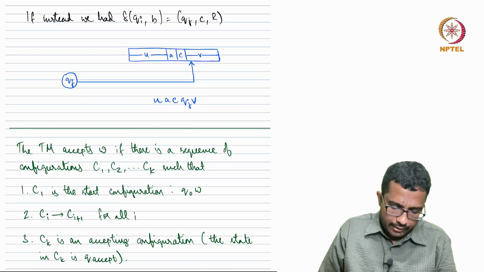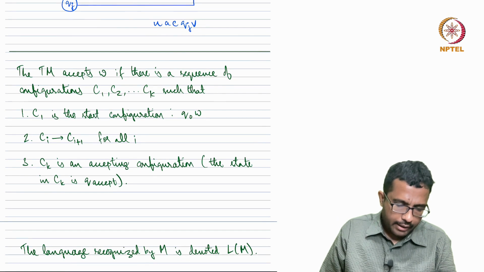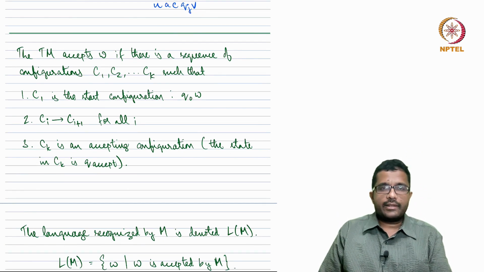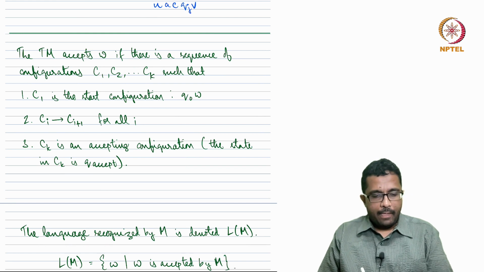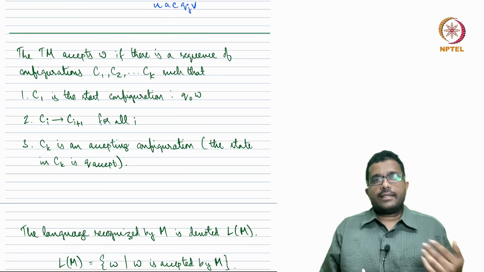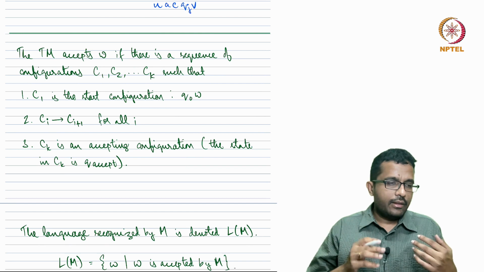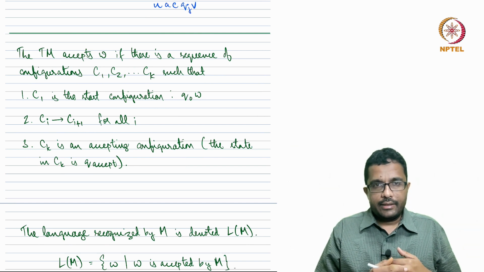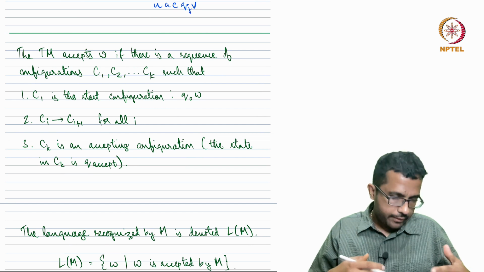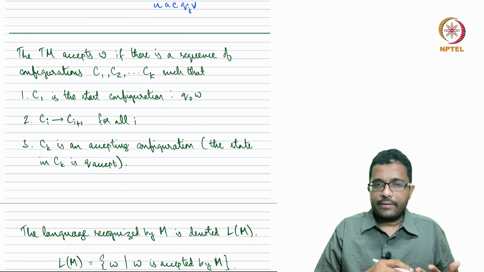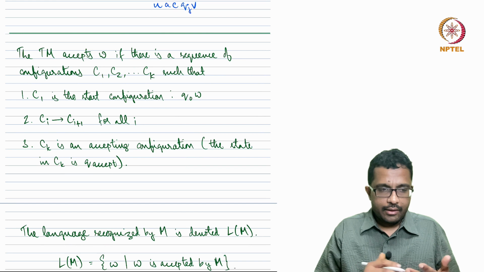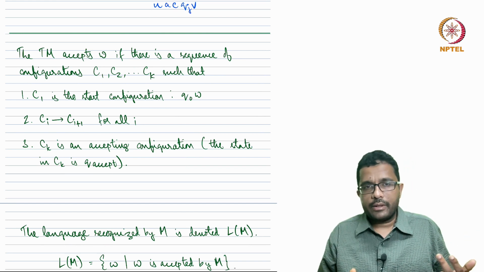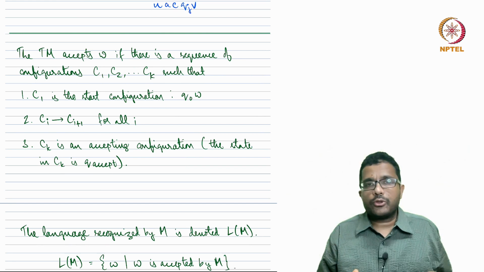Now finally, maybe I'll just conclude by saying, when does a Turing machine accept a string? We say that a Turing machine accepts a string if there is a series of configurations such that, as we have seen in DFAs, NFAs, PDAs, etc., the starting should be proper, the ending should be proper, and all the in-between steps should be proper.